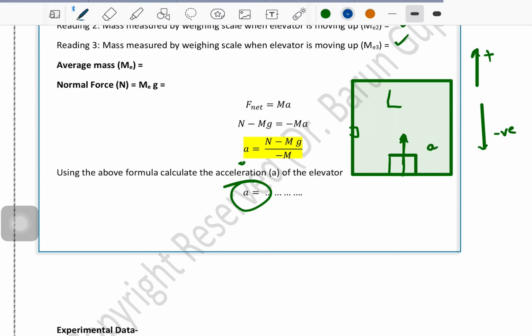And when it is about to reach the top floor, it has to slow down. The slowing down means what? The acceleration has to be opposite to the direction of velocity. So that's the reason you'll get the negative. Or simply, negative acceleration means it is slowing down.